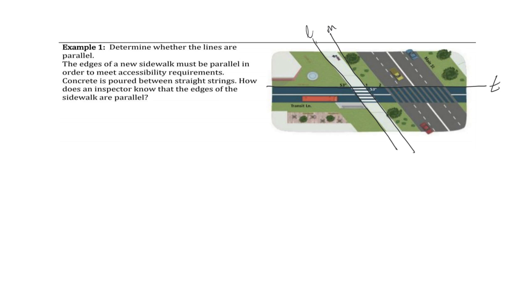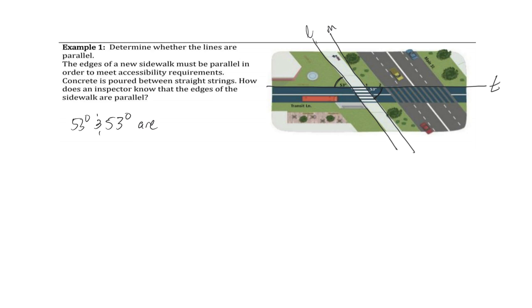Okay. So if we look, right, we have these two angles here, 53, right? 53 and 53 are obviously congruent to each other, right? And what type of angles are they? Well, 53 degrees and 53 degrees are, right?